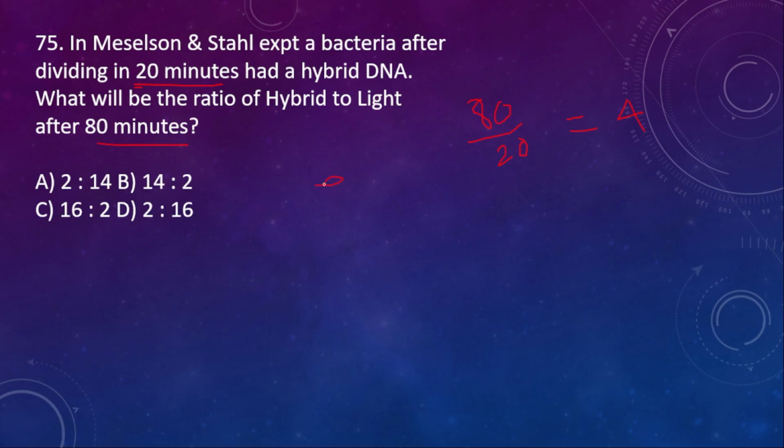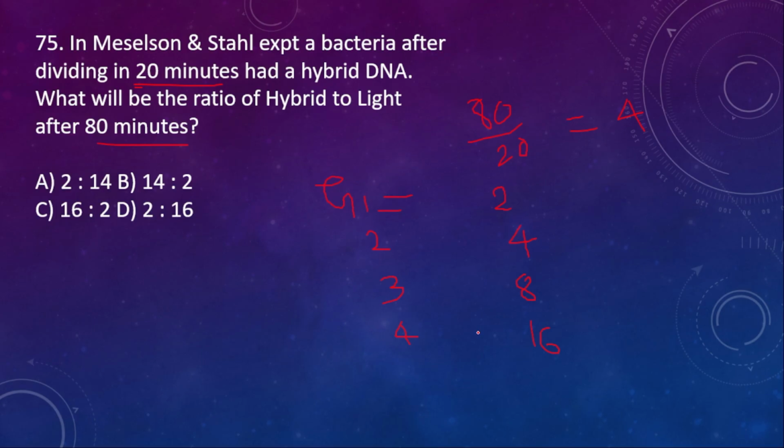For the first generation, that is for 20 minutes, there will be formation of 2 molecules. For the next, generation 2, there will be 4 molecules, because they are going to divide. And then for the third generation there will be 8 molecules, and for the fourth generation there will be 16 molecules. Determining the hybrid versus light: because DNA replication is semi-conservative, the two original heavy N15 strands never disappear, they just get separated and paired with the new light strands, isn't it?